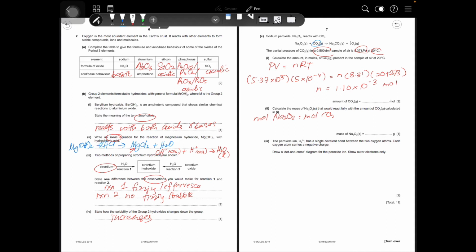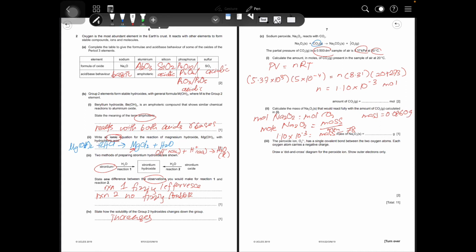When we want to calculate the mass, we have mole of sodium peroxide equivalent to mass over molar mass. Just insert into this equation: the mole is 1.1 × 10⁻³, mass is what you want, divided by the molar mass, which is 78 gram per mole. Hence, you have the mass as 0.0860 gram.